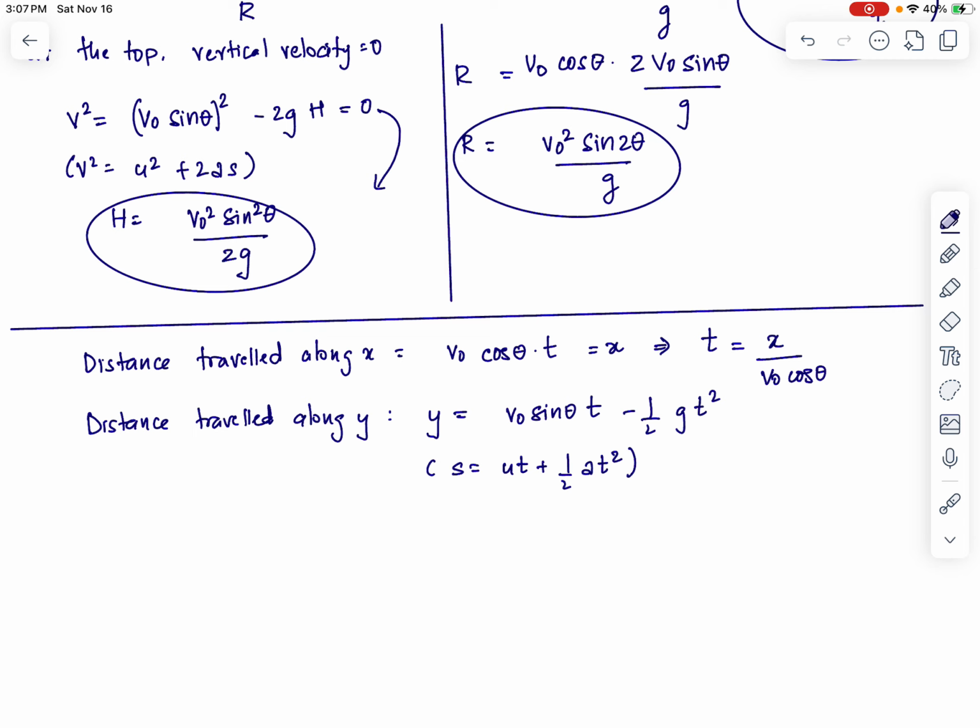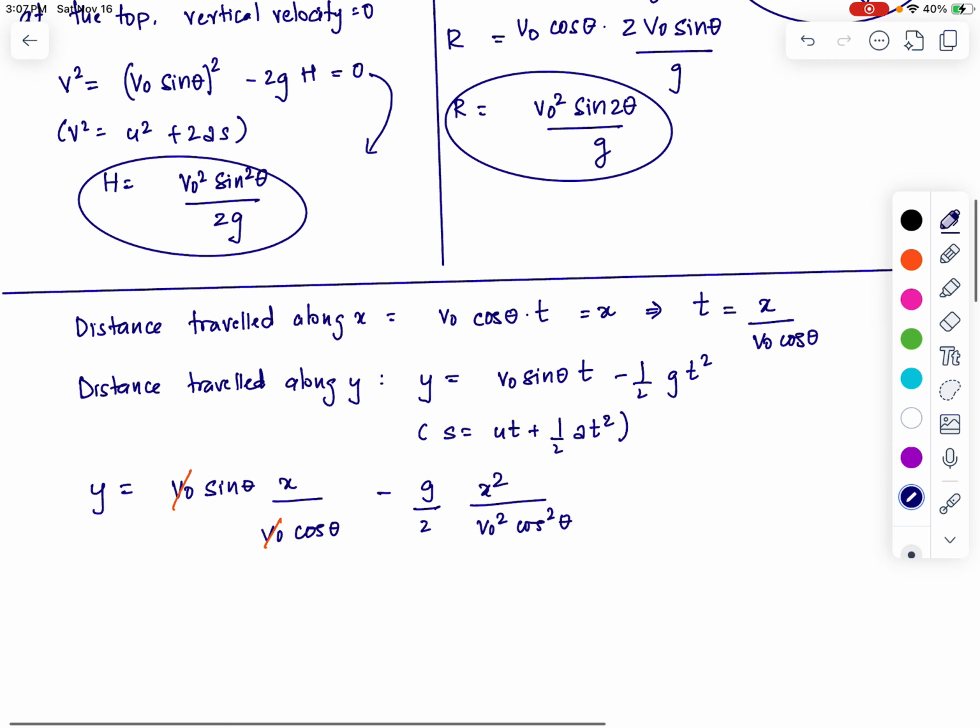So y here can be written as v0 sine theta times x divided by v0 cosine theta, minus g divided by 2 times x square divided by v0 square cosine square theta. The v0s cancel out here. That's the important thing.